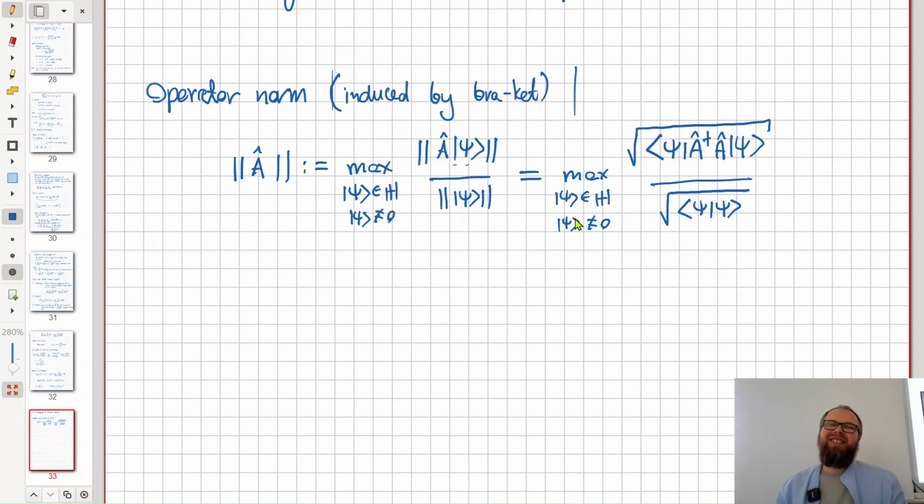An example of this is the Frobenius norm. One of the ways to make a very nicely behaved inner product for operators is the Frobenius inner product.